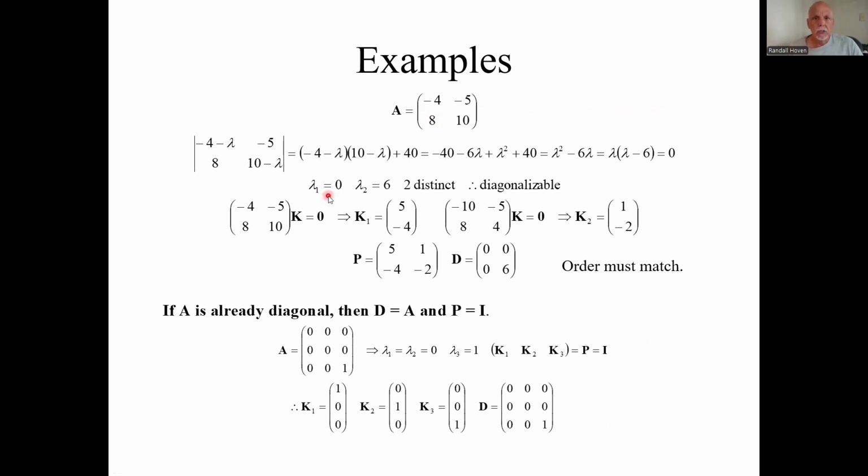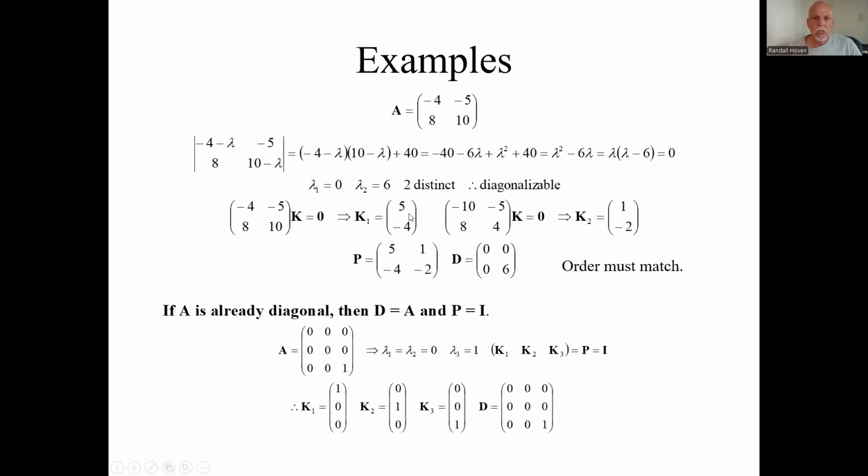You find the eigenvalues, you find they are distinct, 0 and 6. Two real distinct eigenvalues, so it's diagonalizable. Go ahead and find the eigenvectors. That's where all the work is, finding the eigenvalues and then the eigenvectors. And we find these two eigenvectors, (5, -4) and (1, -2), corresponding to 0 and 6 for the eigenvalues.